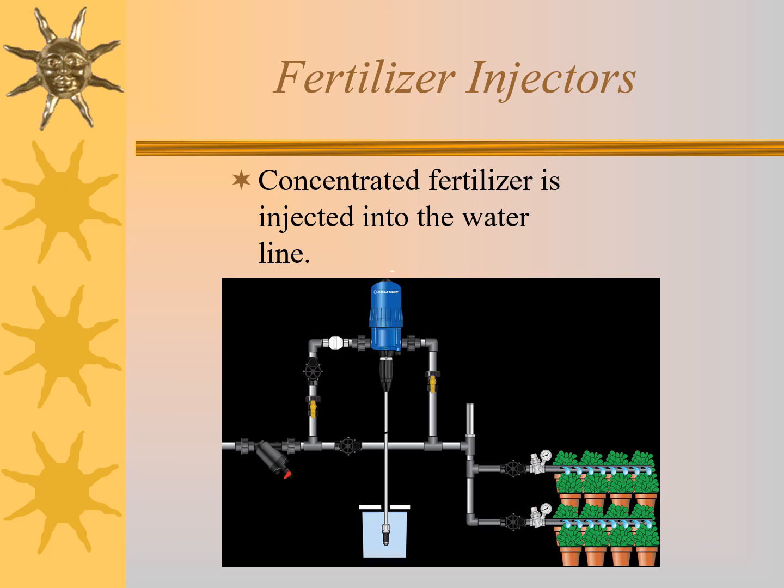This is the injector, and right here is where you would adjust the ratio, the dilution ratio, to either increase it or decrease it, depending upon how much fertilizer you want to inject into your system, into your line. Down here is the stock tank, which would contain your concentrated fertilizer stock solution.